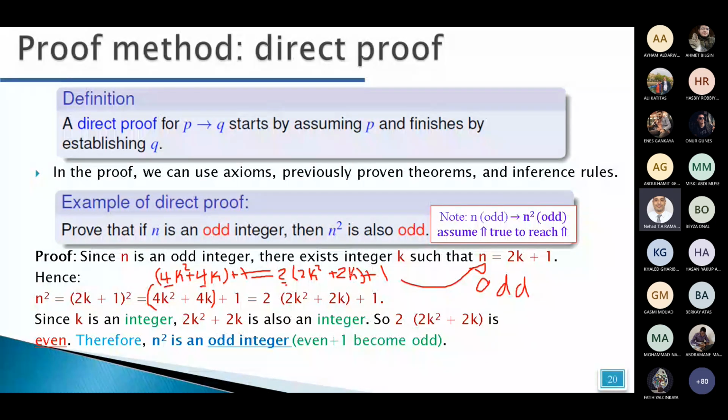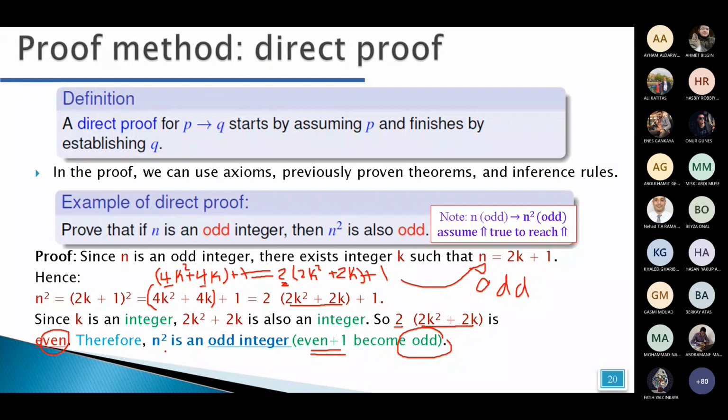Any integer value multiplied by 2 plus 1 is odd. Because k is an integer, this one inside, 2k to the power 2 plus 2k, is also an integer. So 2 multiplied by an integer value is even. Even plus 1, any even value plus 1, becomes odd.